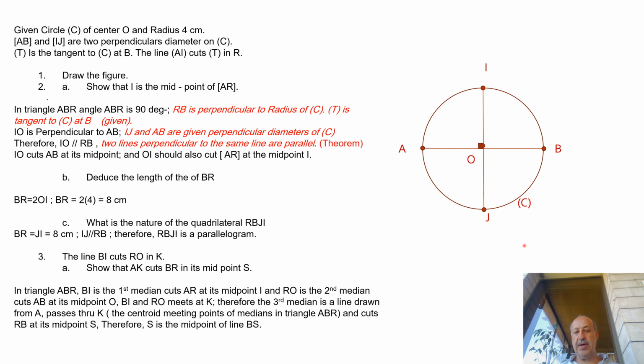So this is the circle with two diameters AB and IJ intersecting at point O at 90 degrees.